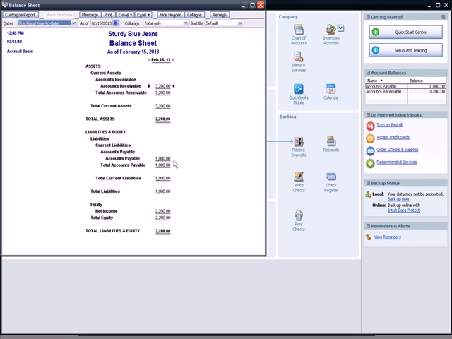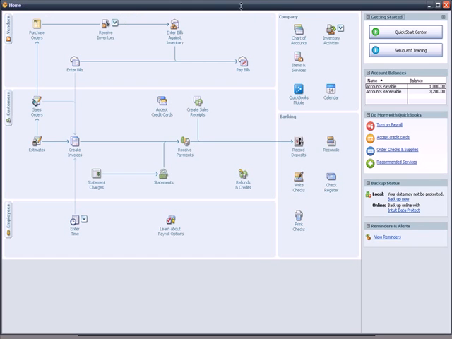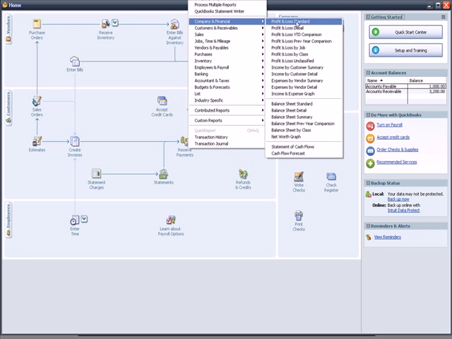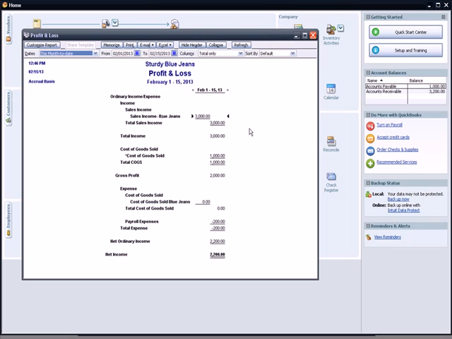That seems fine. When I go to Profit and Loss Standard, though, Reports, Company Financial, Profit and Loss Standard, there's an issue. And the issue is that look what happened when I created an invoice for the labor. I ended up with a negative payroll expense.